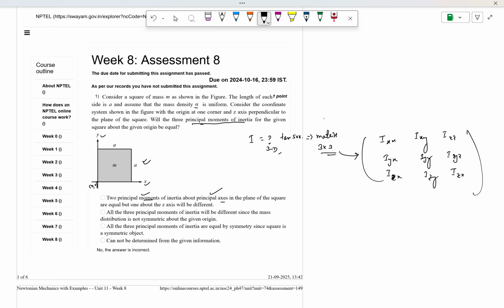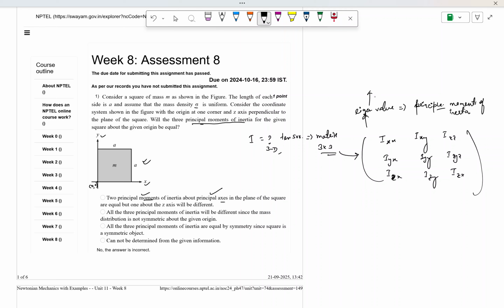Once you get that, you need to find the eigenvalues, which are your answer to the principal moments of inertia. So principal moments of inertia means the eigenvalues of the moment of inertia tensor. Those are formally called principal moments of inertia.